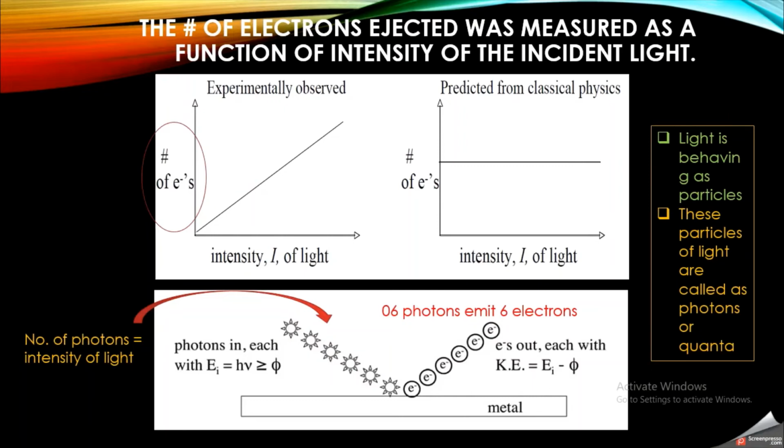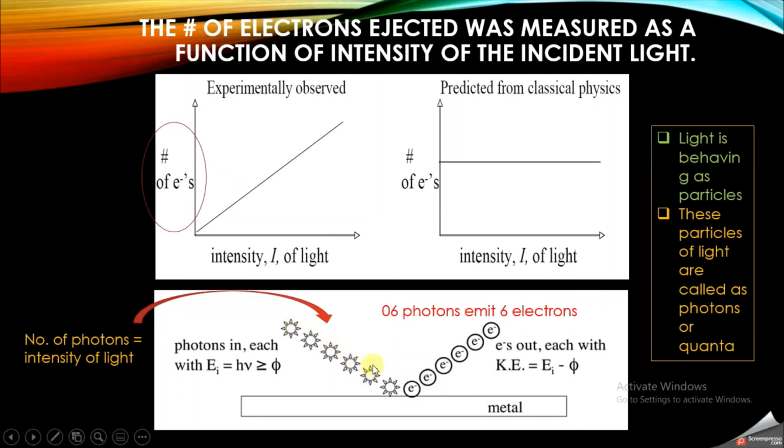So this was actually the photoelectric effect, which provided the basis that light might be behaving as particles, and these particles were named photons or quantum. These relationships that we have studied, that is the intensity of light, the number of electrons, the energy of electrons and the frequency, can only be explained by assuming that light is acting as photons, and it is a packet of energy, and the frequency of light determines the energy of each packet.